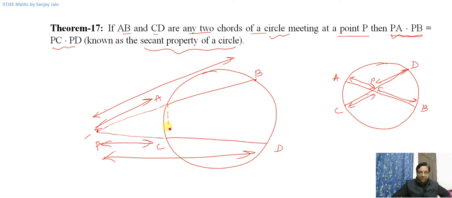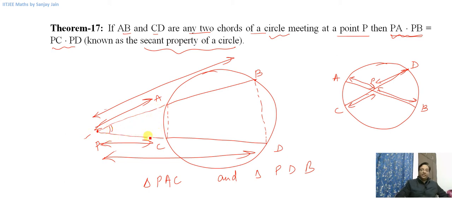If I join AC and BD, and think about these two triangles, triangle PAC and triangle PDB. Angle P is common to both these triangles.